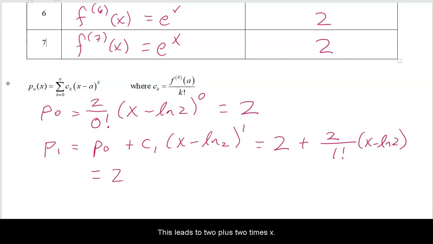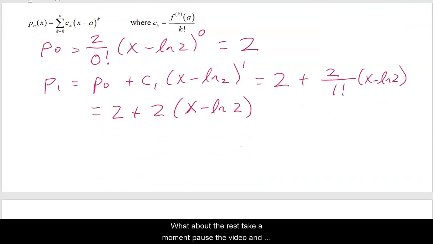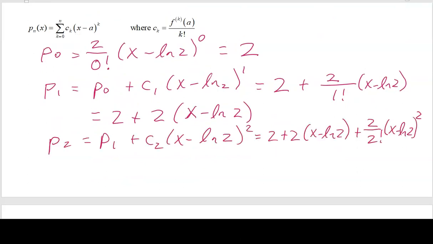This leads to 2 plus 2 times x minus the natural log of 2. What about the rest? Take a moment, pause the video, and write them out for yourself.